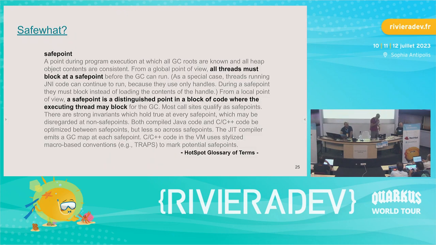The very first one is called safepoint. Safepoint, you don't have to read all those characters, but the important ones are the bold ones. So if you search for the OpenJDK glossary of terms, you will find safepoints. When I started looking into this many years ago, no one, apart from the JDK developers and the people who cared about profiling, had an idea of what safepoints meant. Now it is a more well-known term.